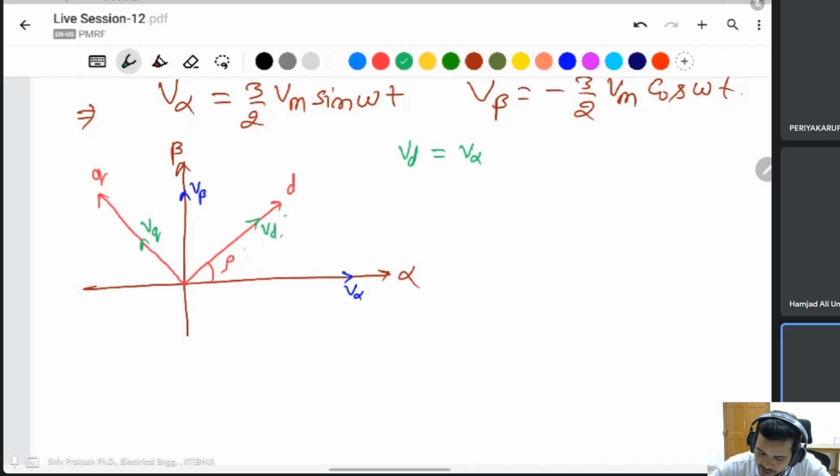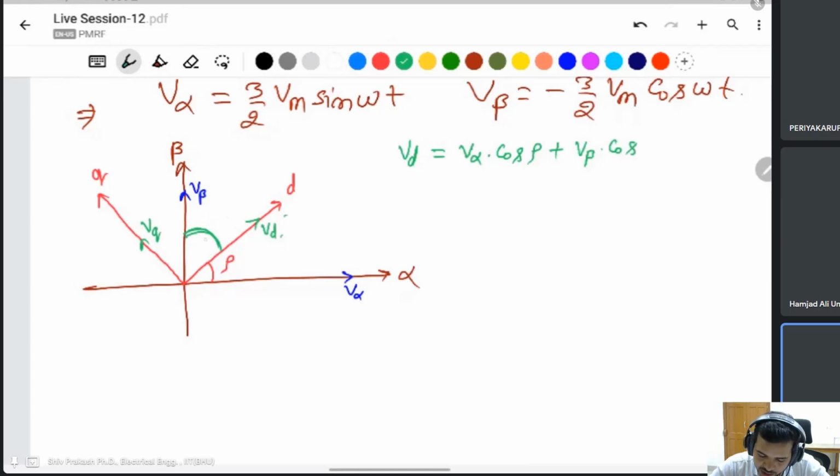The effect of V alpha on Vd is V alpha into cos of the angle between them, which is rho, plus the effect of V beta on the d axis. That is V beta into cos of the angle between V beta and Vd.